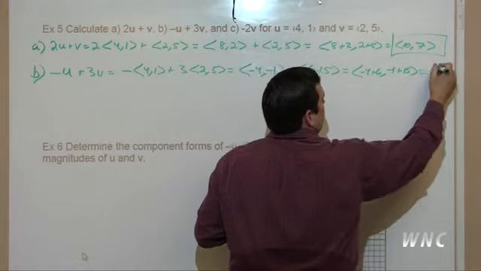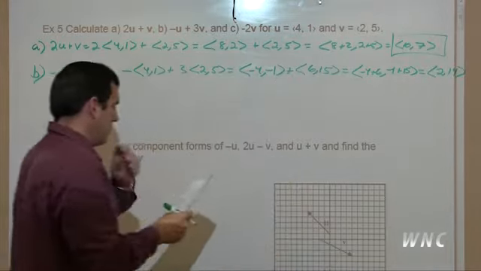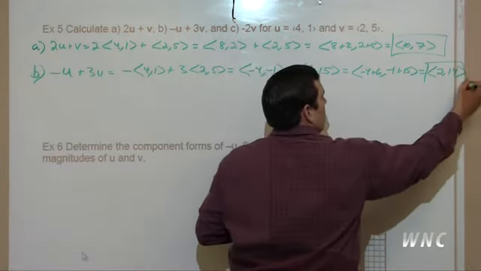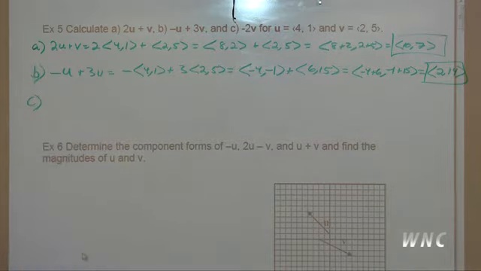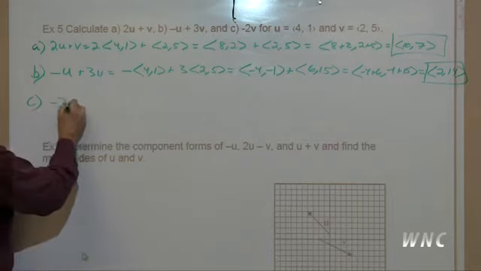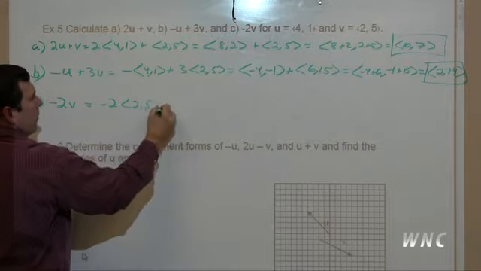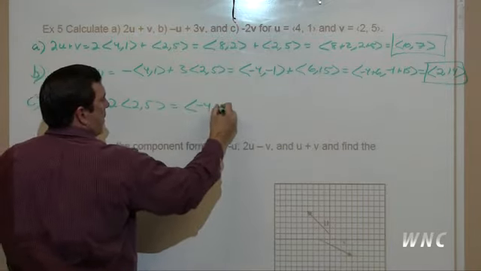And we get 2, 14. And C, we're looking for negative 2v. It's negative 2 times the 2, 5, which is going to be negative 4, comma, negative 10.